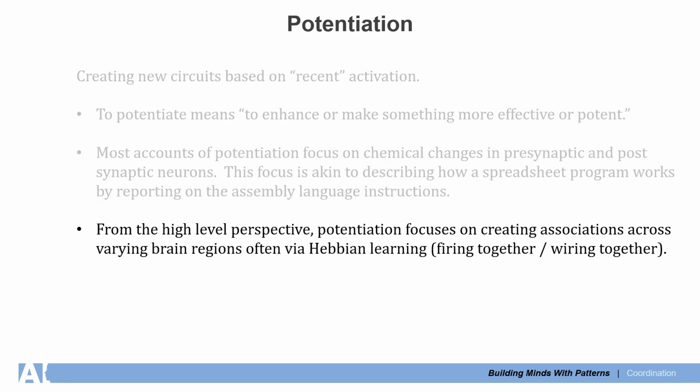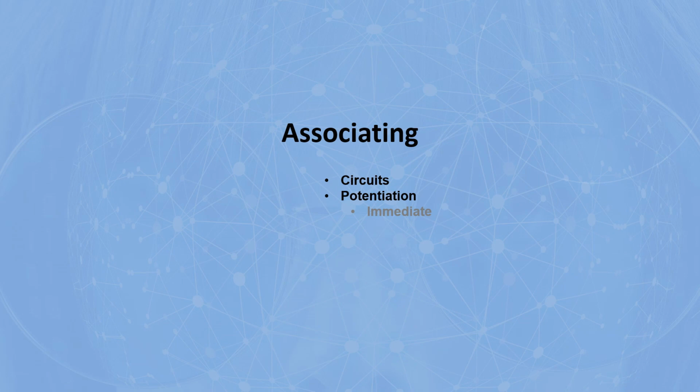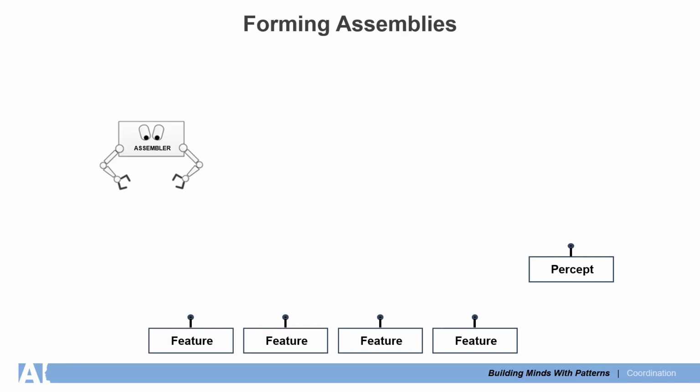From a high-level perspective, potentiation focuses on creating associations across varying brain regions, often via Hebbian learning, firing together and wiring together. For the present purposes, potentiation means creating associative circuits or schemes using recent activation. The assembler forms assemblies.